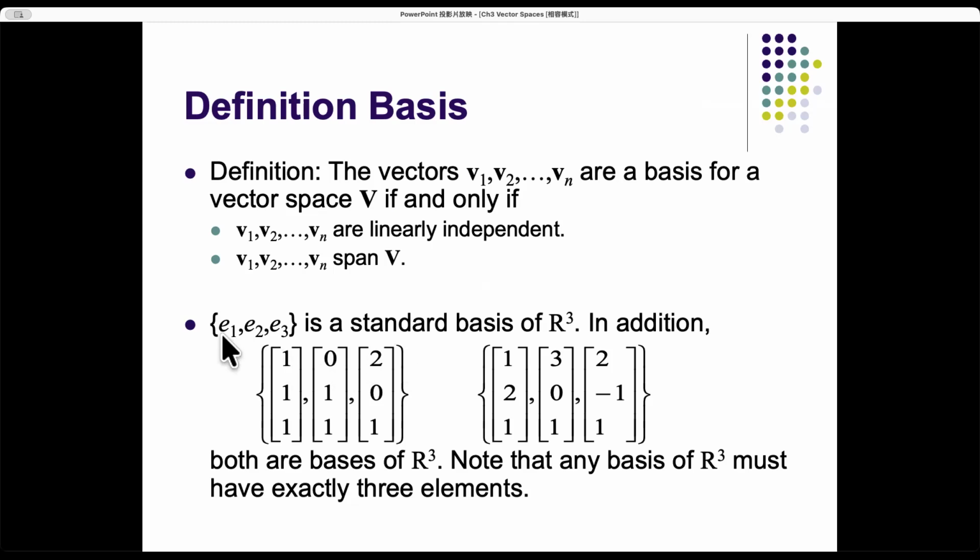For example, e1, e2, e3. What are e1, e2, e3? e1 is 100, e2 is 010, and e3 is 001.